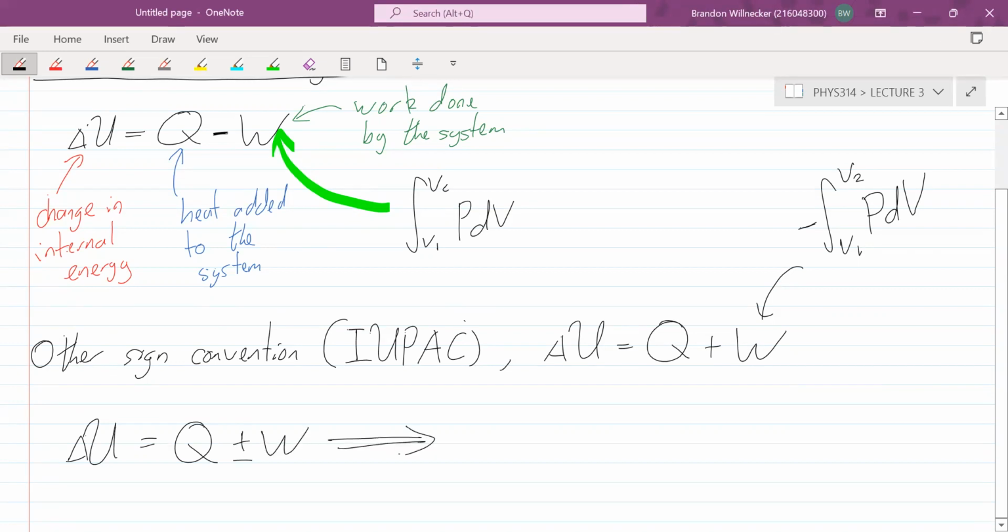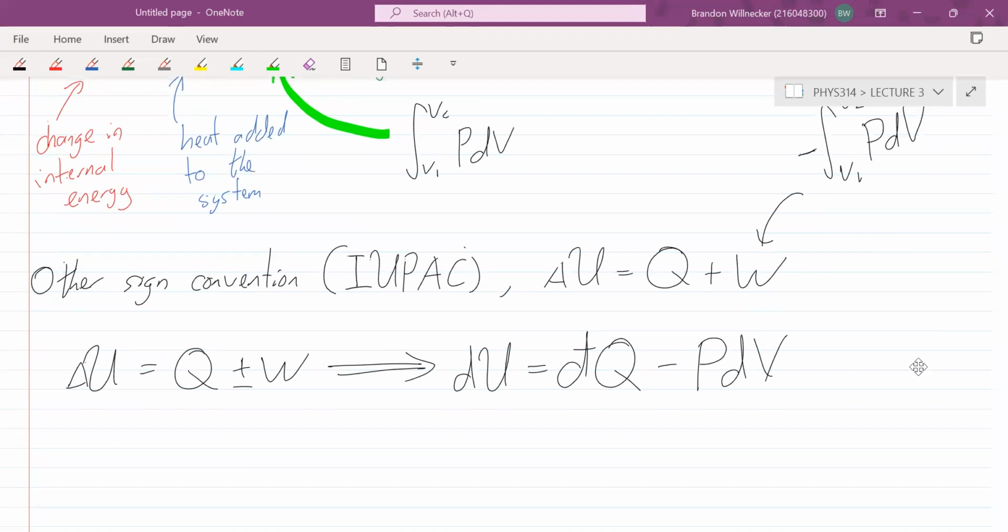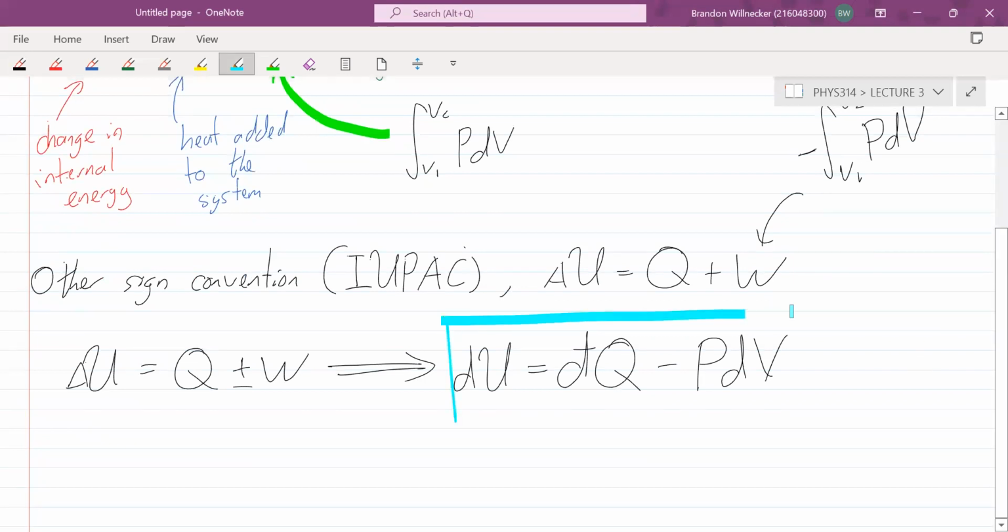From this, we can then get the differential form, and that would be dU is equal to dQ with the little bar, because remember, heat is a process function, so it could depend on the path taken, so we put the little bar there. Okay, and for W, we know that that's going to be P dV, so this will be minus P dV. Okay, and this is the formula that we're going to be using many times with the different examples.